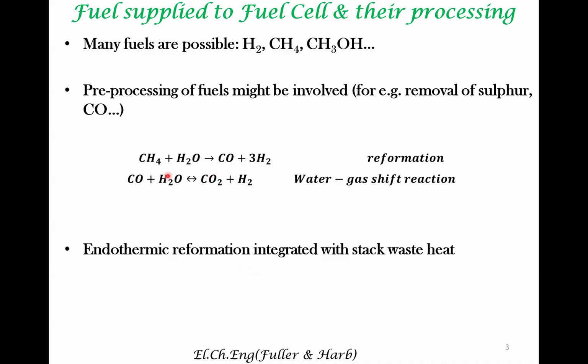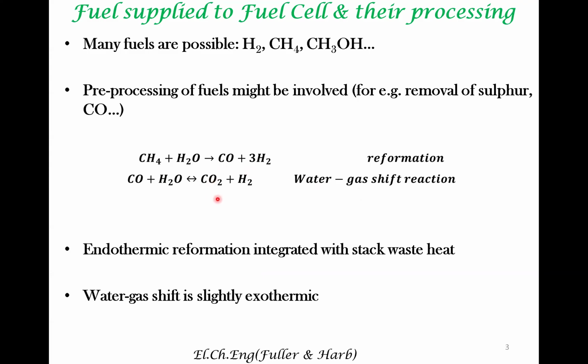Carbon monoxide can further be reacted with H2O to generate carbon dioxide and H2. This is called the water gas shift reaction. Again, this is a very important heterogeneous catalytic process that has been practiced in chemical industries for a long time. Water gas shift is a slightly exothermic reaction.